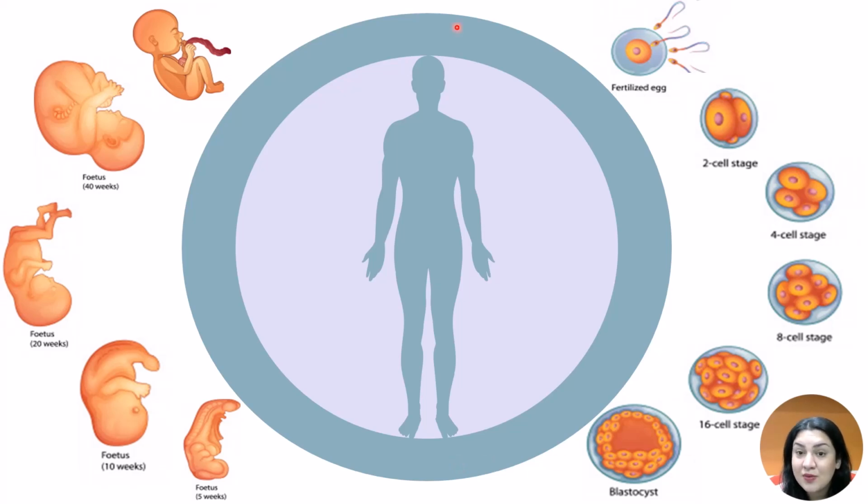And then these new cells are what go on to form those increasingly complex structures in a very precise, very organized, and very controlled manner, much like a very meticulously choreographed dance, wherein every single one of the steps is very, very carefully planned and then executed very flawlessly as well.